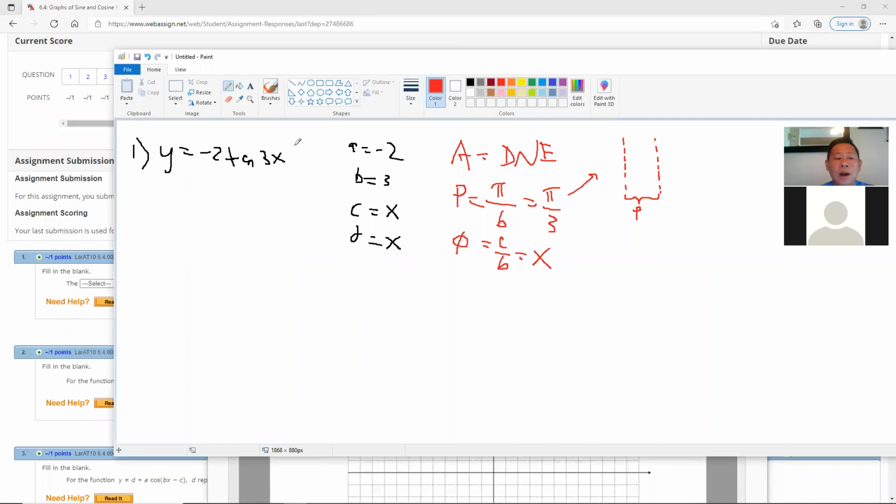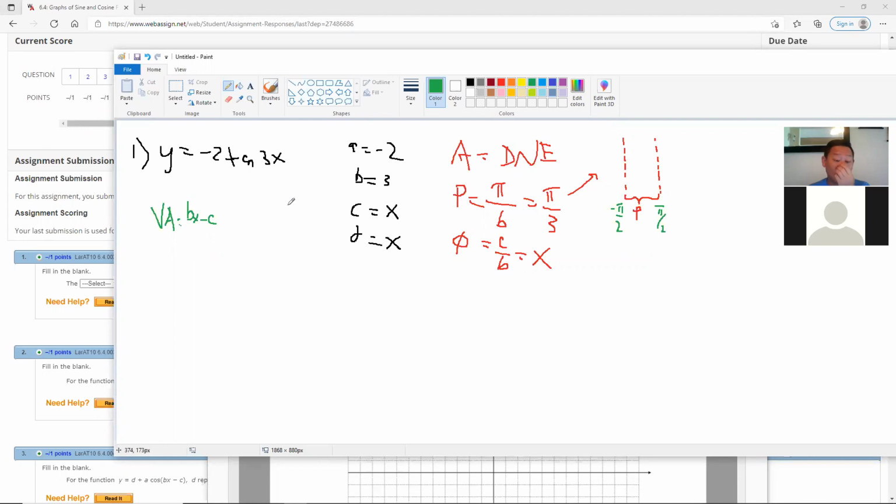So when you do tangent and cotangent, it's the normal setup like sine and cosine, but you need to do an additional step, which is the vertical asymptote. Your vertical asymptote has to use bx minus c. If you remember the tangent graph that we drew originally, it starts from negative pi over 2 and ends at positive pi over 2.